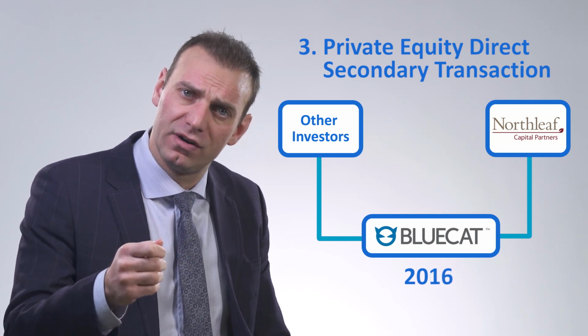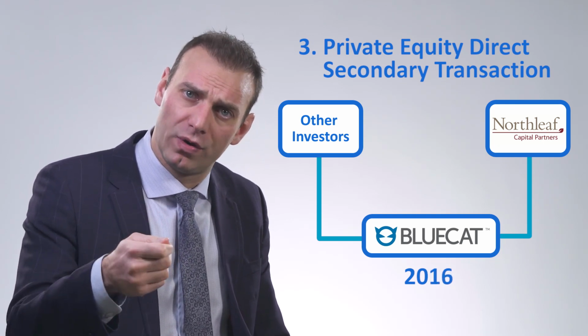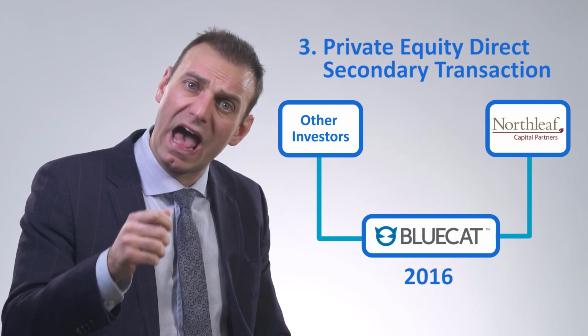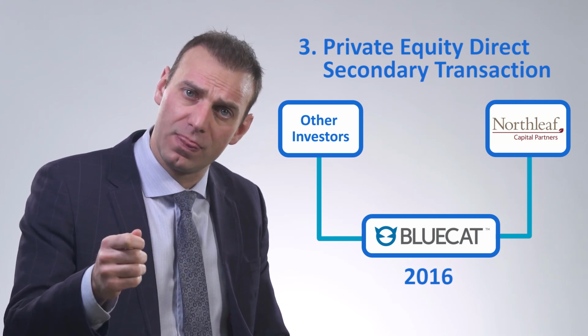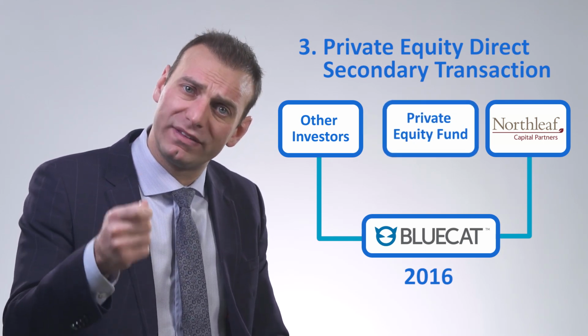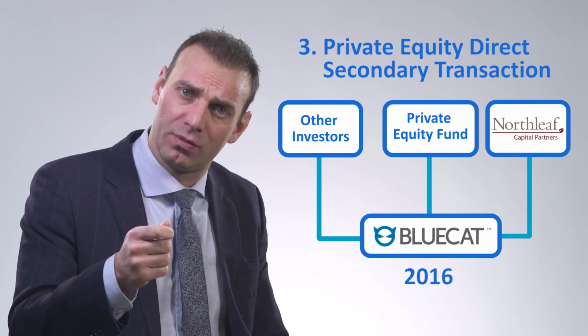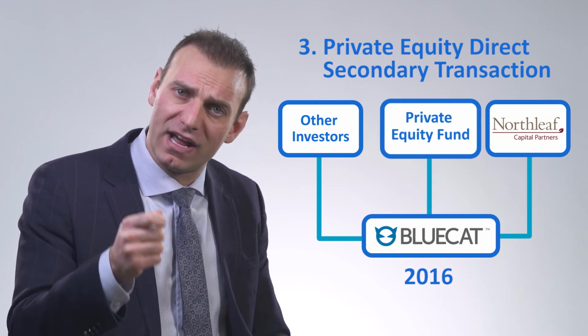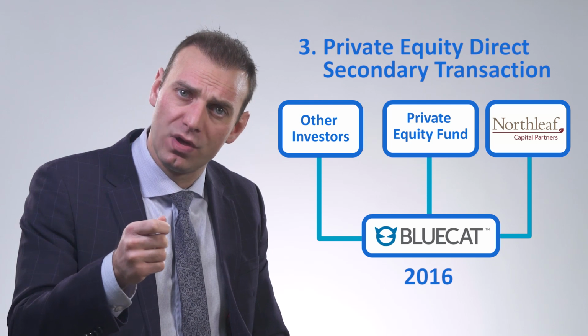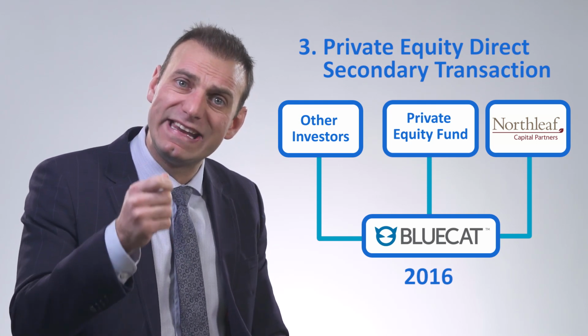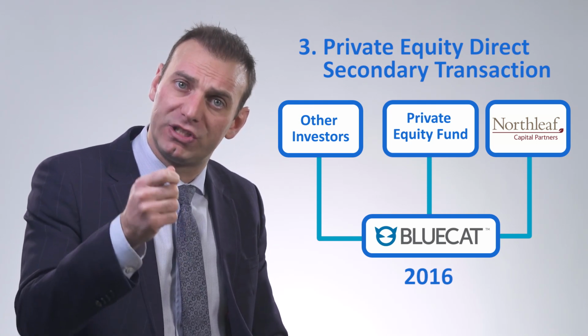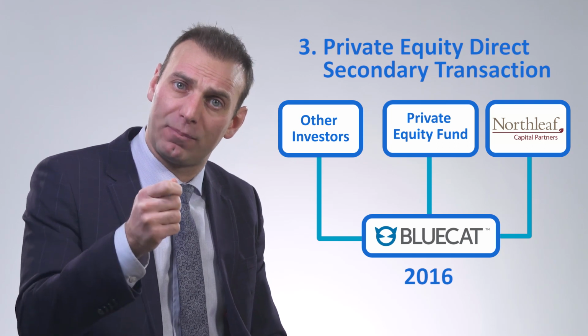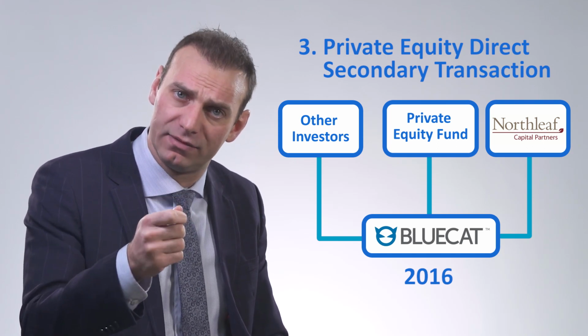Seven years later, BlueCat was still growing. But at that time, another one of its investors, a private equity fund, wanted to sell its stake in BlueCat Networks. The reason the private equity fund wanted to sell its stake was because the private equity fund needed to return capital to its shareholders because the term on that private equity fund was coming to an end.